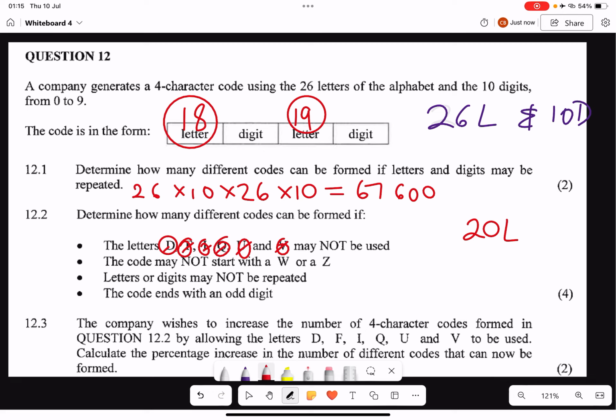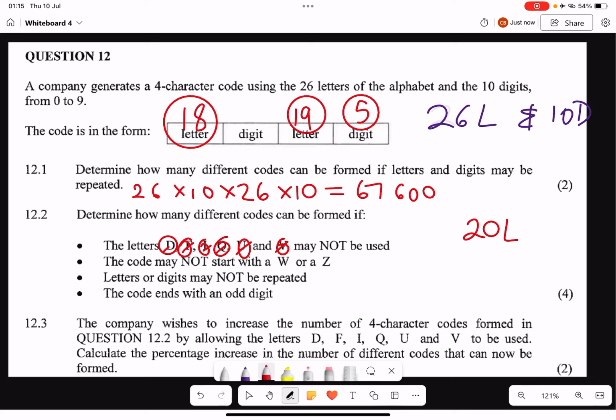Now, they say the code ends with an odd digit. Odd numbers are 1, 3, 5, 7, and 9. So it's 5 of them, which means we have 5 options to pick from. Because I used one of the numbers among 1, 3, 5, 7 and 9, the other 4 are still remaining.